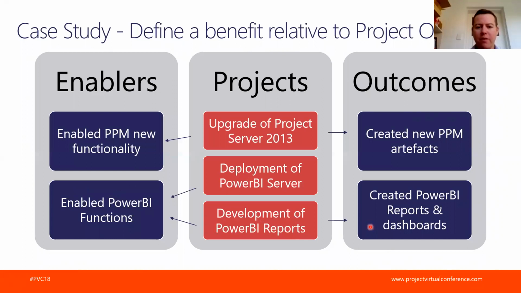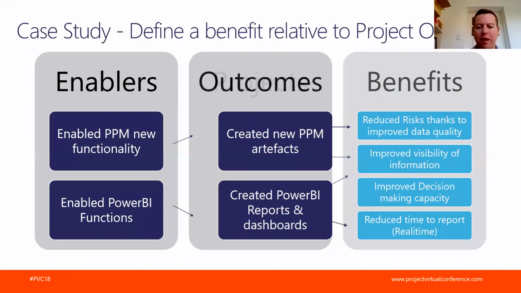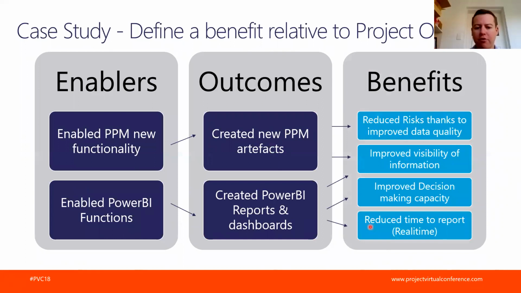And you will see now the benefits which are related to those two outcomes. Here now on the left-hand side, the enablers, which are enabling new PPM functionality, enabling Power BI functions, outcomes created, which is to create a new PPM artifact.